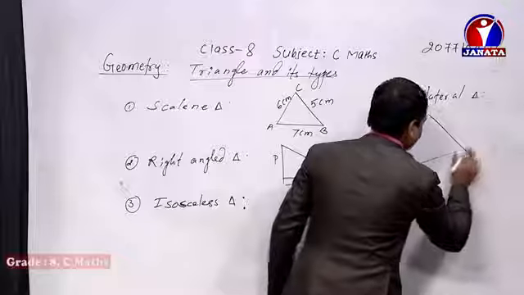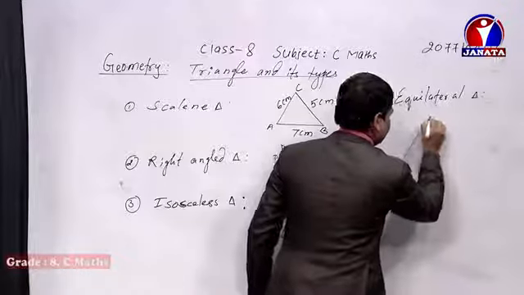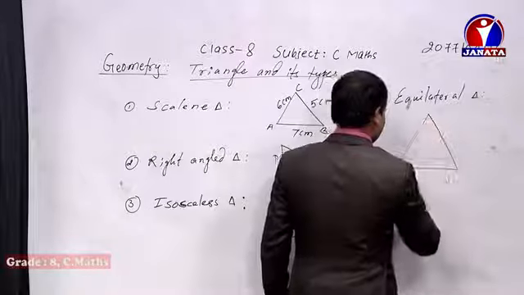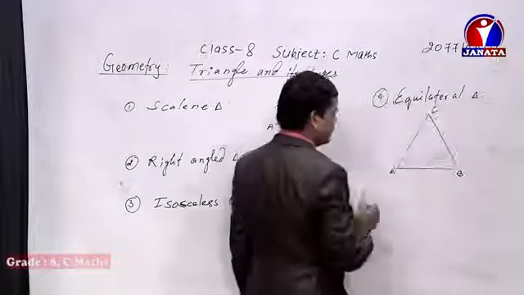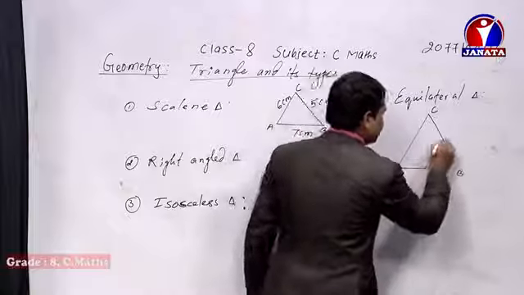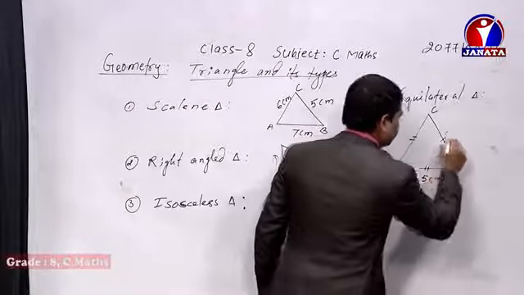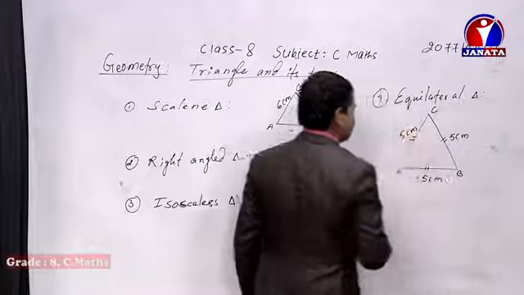A triangle whose all sides are equal. It means, for example, ABC is the name of the triangle. Among them, if the lengths of all 3 sides are equal, then that type of triangle is known as an equilateral triangle.